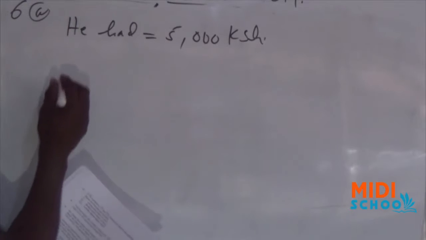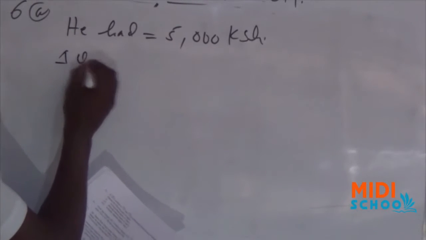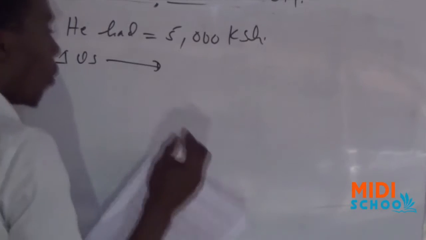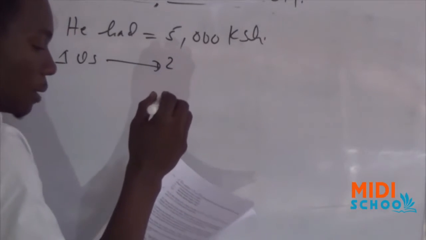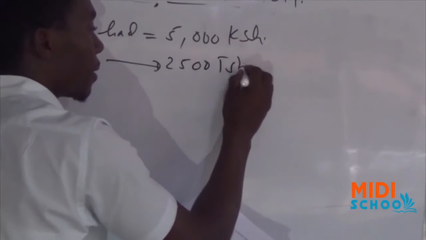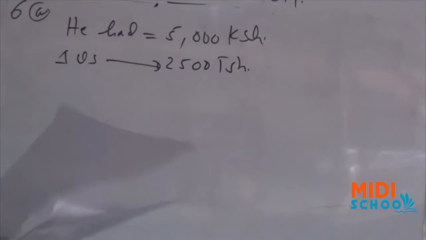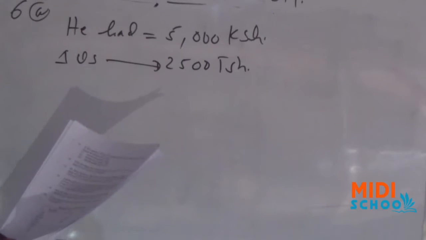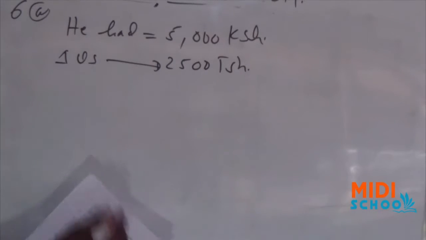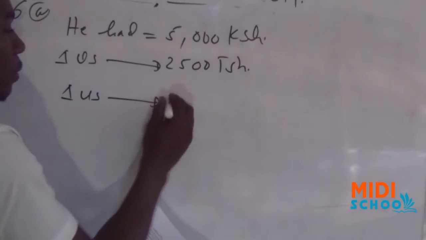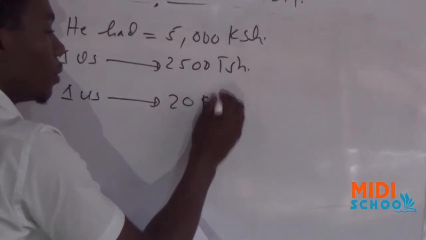We are told that $1 US is equivalent to 2,500 Tanzanian shillings, and also that 1 Kenyan shilling is equivalent to 20 Tanzanian shillings.